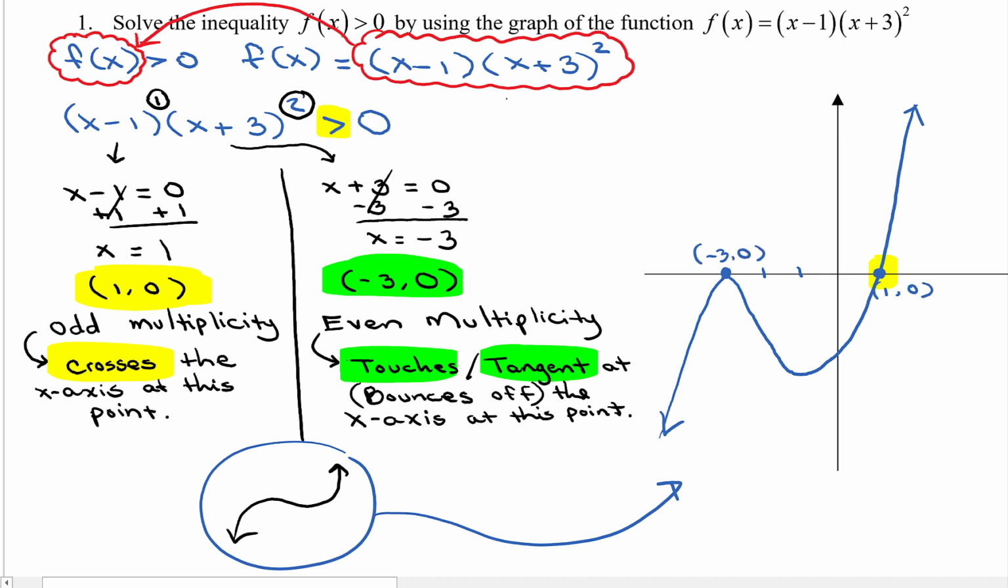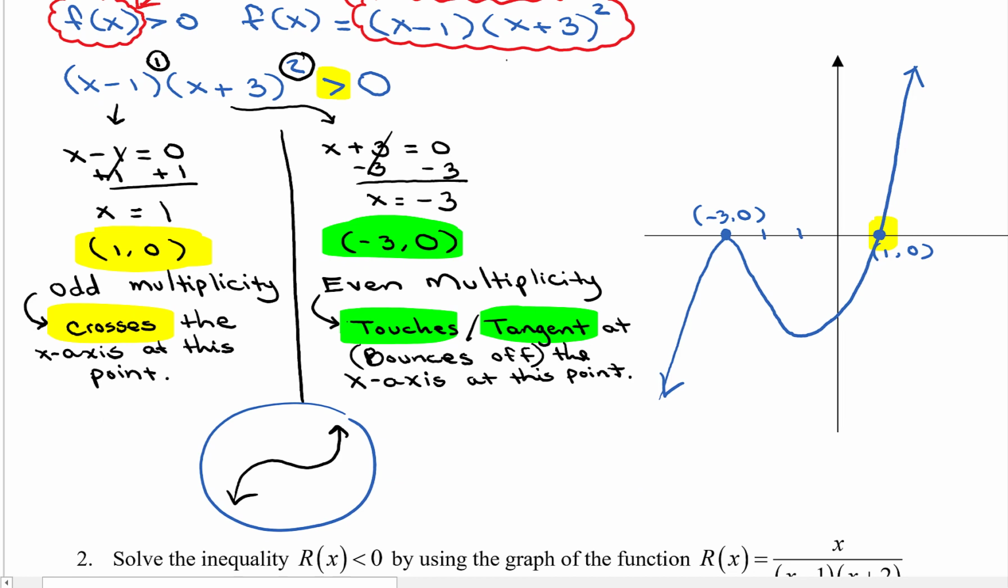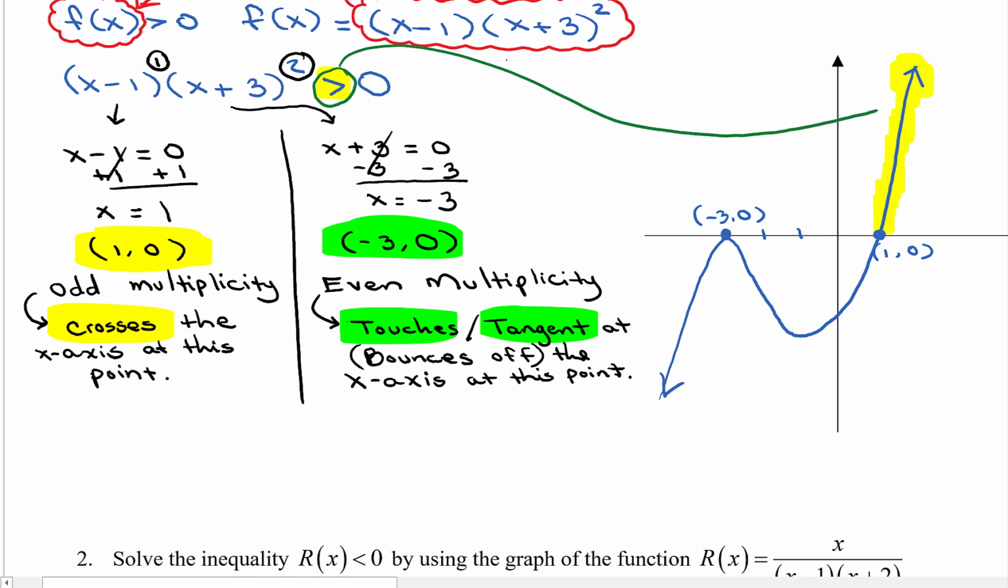Notice I'm not being very accurate here with this graph. It's just a quick sketch because we're going to use the graph to solve the inequality. They did not ask us to graph this, right? They said solve the inequality by using a graph. So the graph, once again, is a sketch. We're looking at the graph to see where this function is greater than 0.